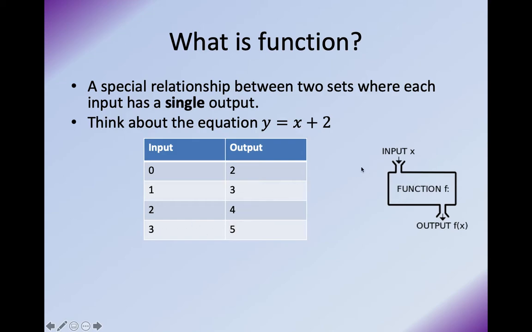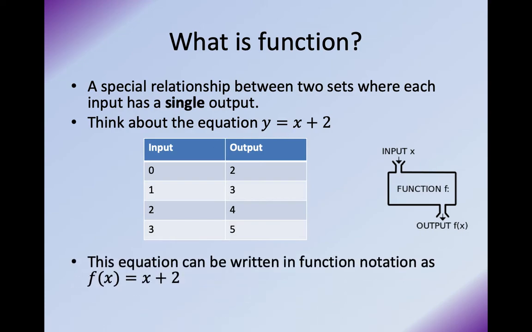Here, this equation can be written in function notation. It's a function. It can be written as f of x is equal to x plus 2. It's the same thing, right? It's very simple. Let me relate it to the same analogy that we were talking about before, the machine.